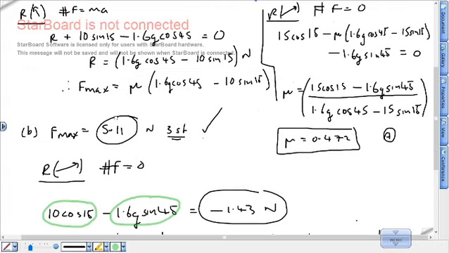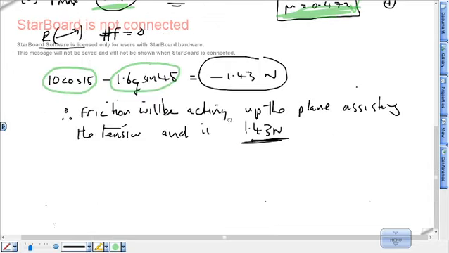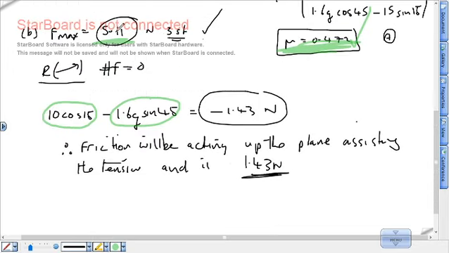We worked out our new F max. F max was new because we had a different tension, so we had to work out a new F max, but the mu stayed the same. The important thing was that mu stayed the same, so we could use that from part A, put it back into here, and the 10 was the only thing that changed. It gave us this new F max, and you can see this is within the tolerance, so F max can only maximum ever provide that, and that's certainly within it.